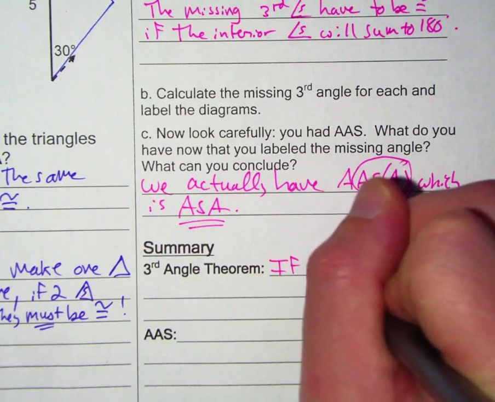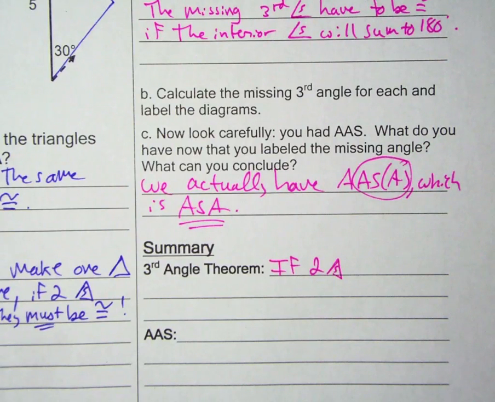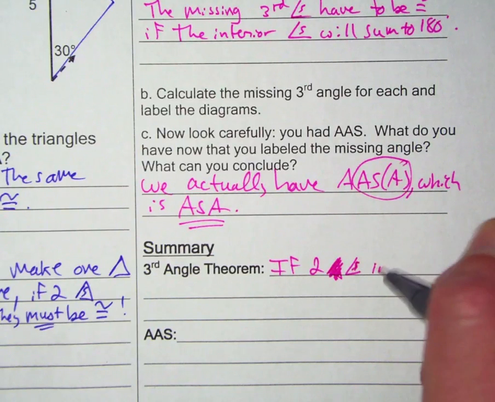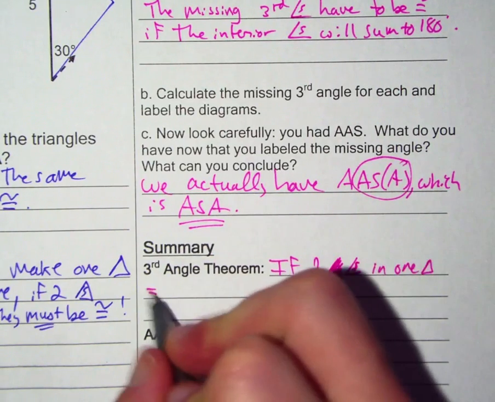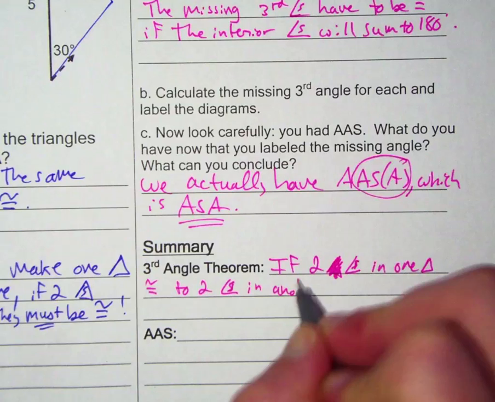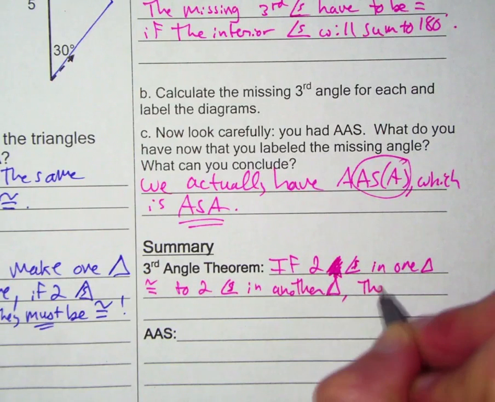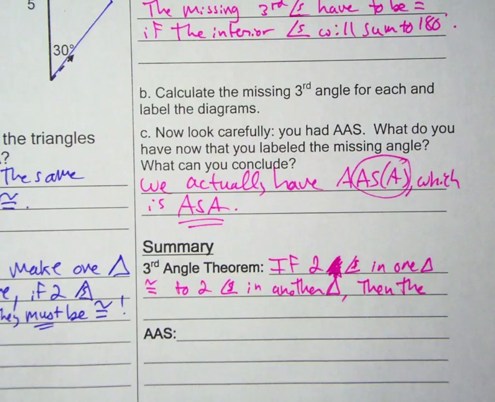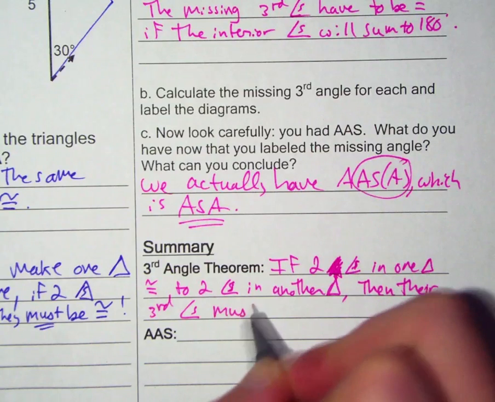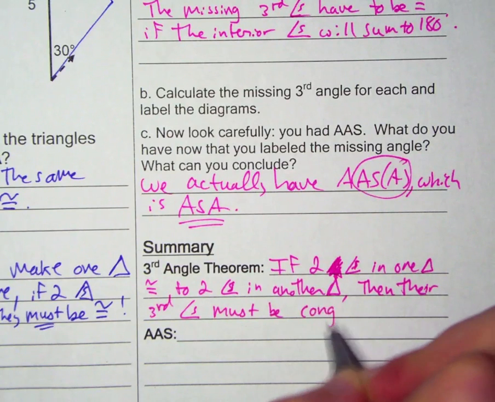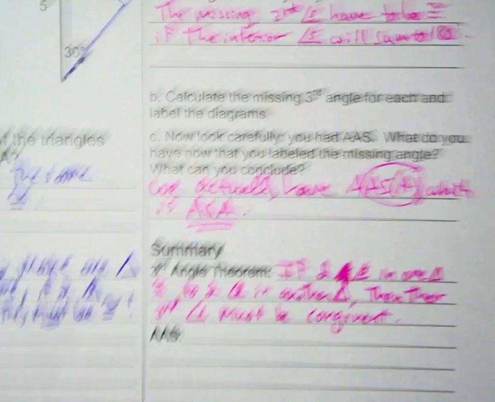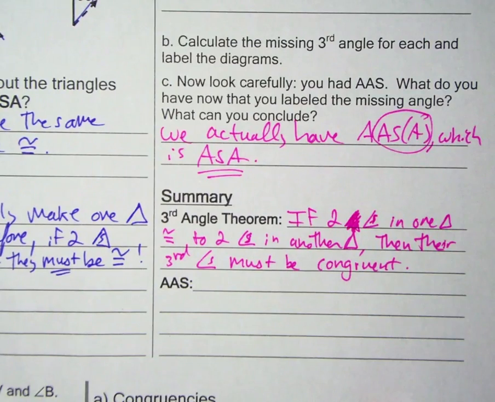If you have two triangles, if you have two angles in one triangle congruent to two angles in another triangle, then their third angles must be congruent. They have to be congruent because they have to sum up to 180, the triangle sum theorem.